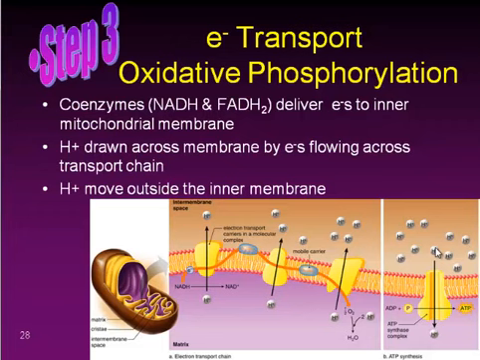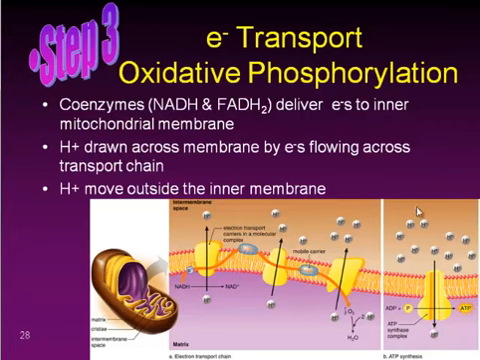Now, do you guys remember back to the Biology 109 lab? One of the labs we actually talk about diffusion. Anytime you build up something on one side disproportionately compared to the other, they will want to flow back across that diffusion gradient. And that's really important because that is how we are going to make ATP.